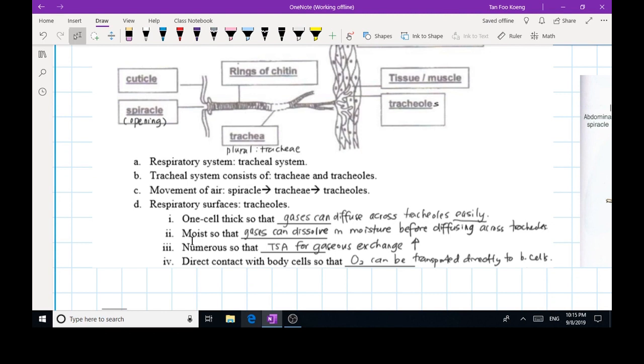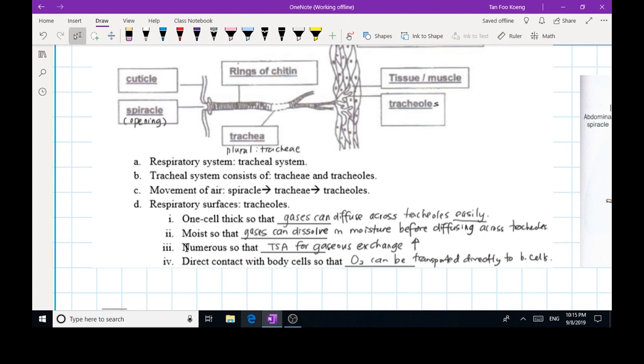And then number two, the inner wall of the tracheoles is actually moist, so that gases can dissolve in the moisture before diffusing across the tracheole. Now this is the keyword, okay, the key word. When we talk about moisture or moist, we have to write dissolve. We have to mention gases can dissolve easily. So these two will come together in examination.